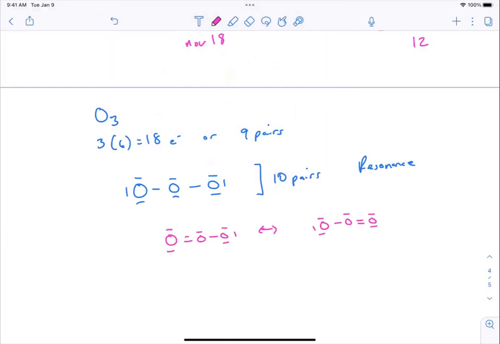No, because you need to make sure, it appears the same, but if we actually number these oxygens, they wouldn't be the same, right?